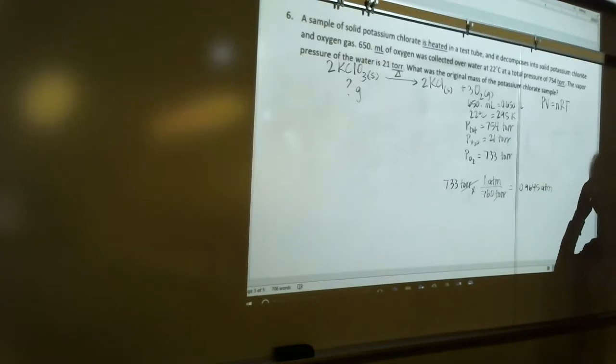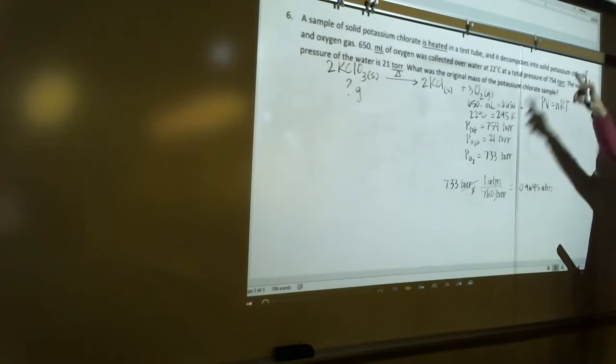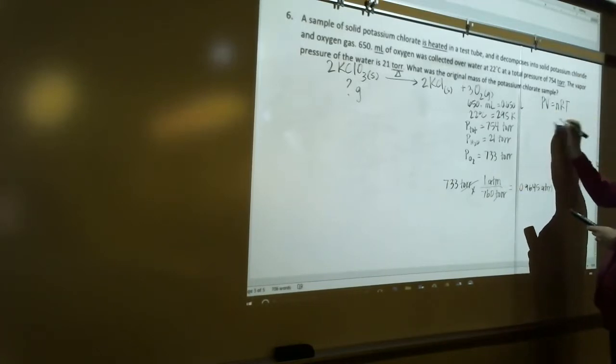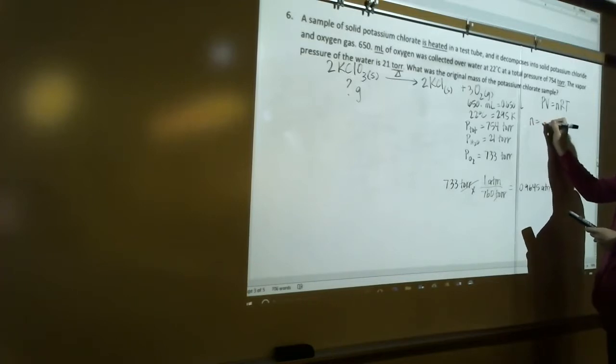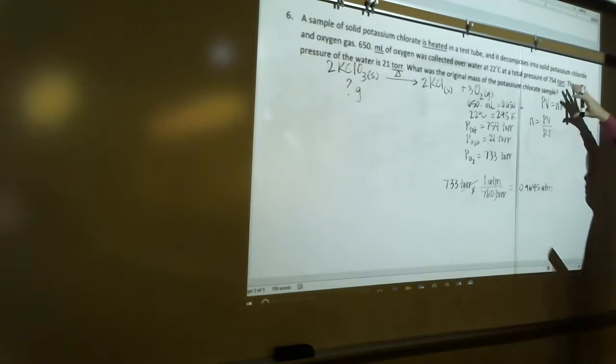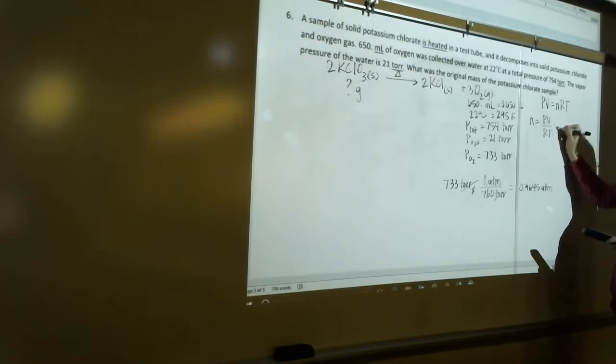So I'm solving for what variable? N, right? Because I'm going to do some stoichiometry. So if PV is equal to nRT, N is equal to what? PV over RT. Or you could have plugged directly in and solved just like you did in algebra class. Work out the same either way.